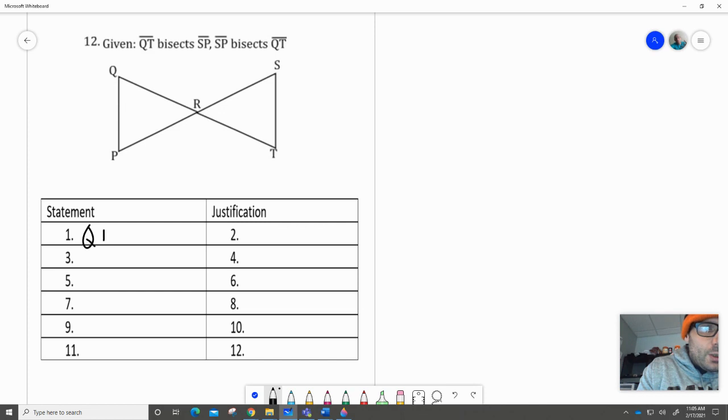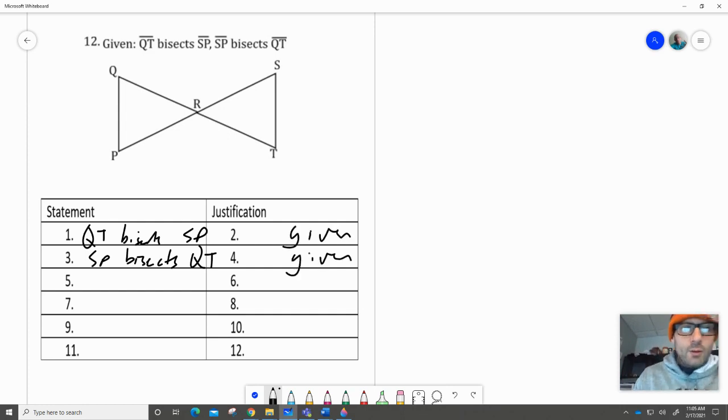So we have QT bisects SP and SP bisects QT, and both of those things are given.